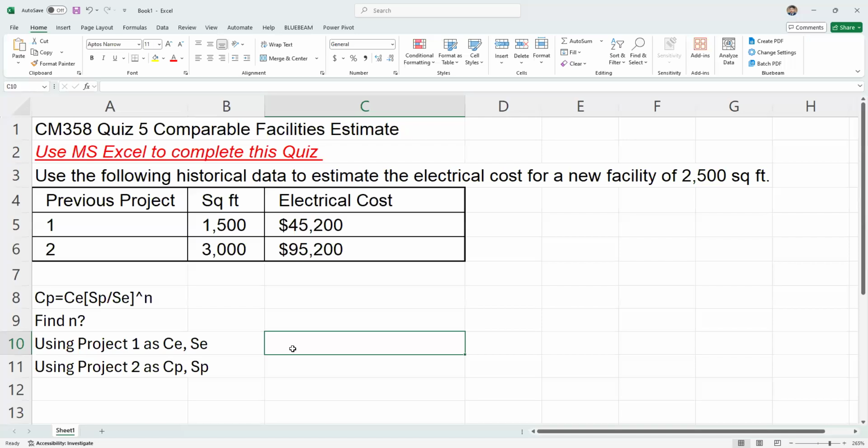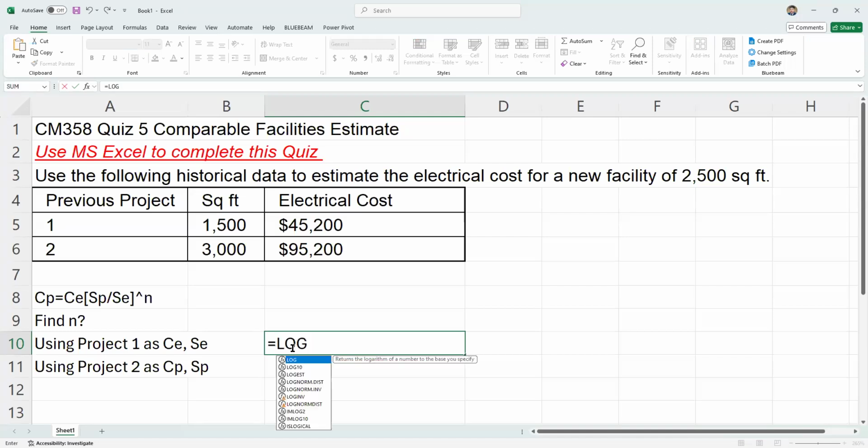So we are getting something like log. Our equation is log, right? And you put a number here and then the base.